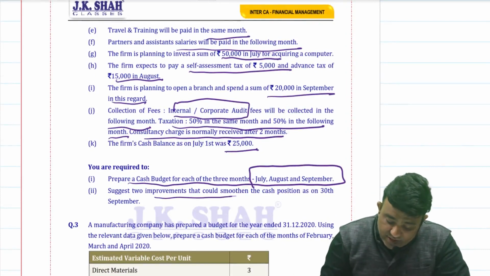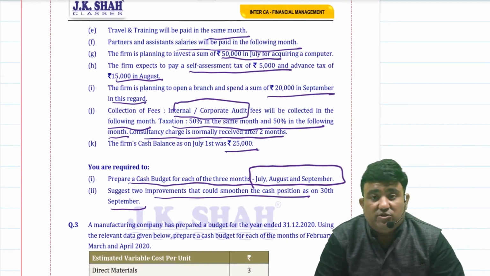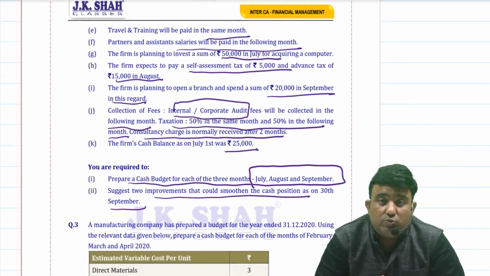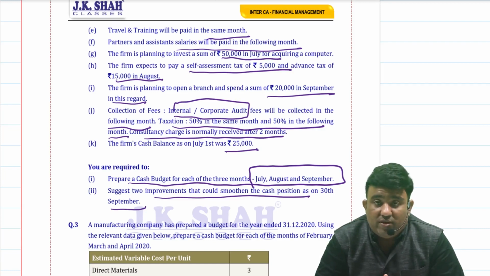And 2 improvements, student, that could smoothen the cash position, because at the end of the question, student, you will notice there is a negative balance and there's a planning. So you have all the time to rectify your planning. So you're planning how to make the cash balance smooth. So student, they will ask you 2 improvements. And when they ask you 2 improvements, student, I would request, don't be so much creative.